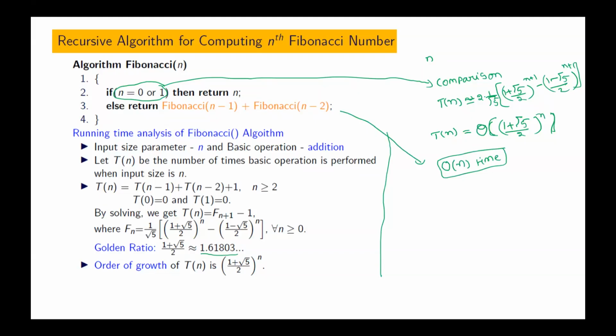That we will discuss when we talk about dynamic programming. So now we know that solving the nth Fibonacci number recursively like this takes exponential time, that is theta of (1 plus root 5 by 2) whole power n, that is 1.618 whole power n time.